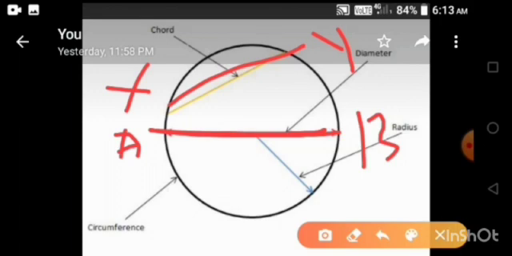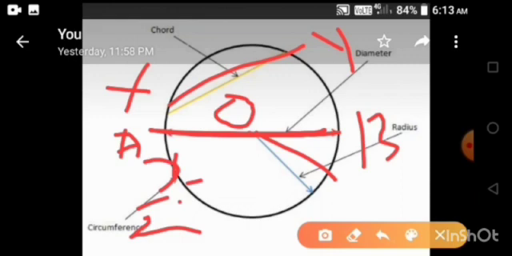Diameter divided by 2 is equal to radius. Diameter is the longest chord.